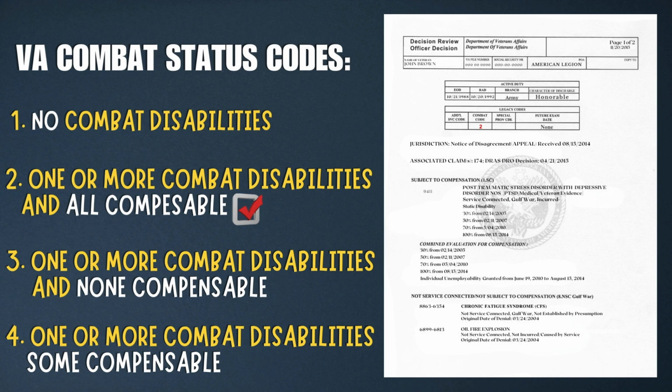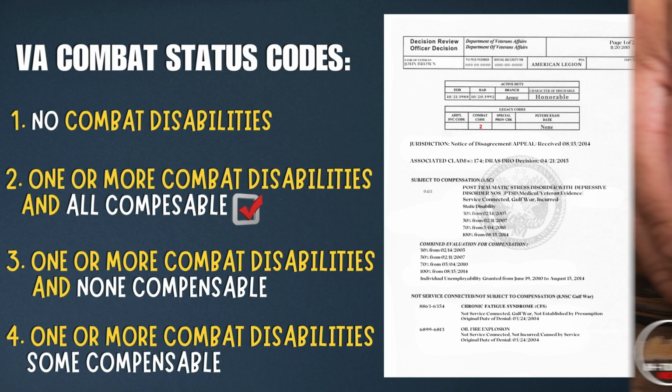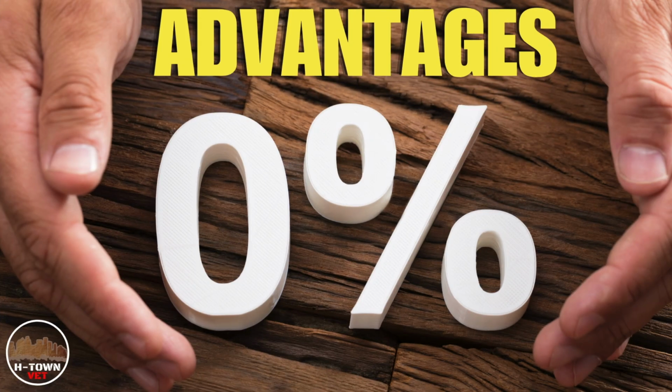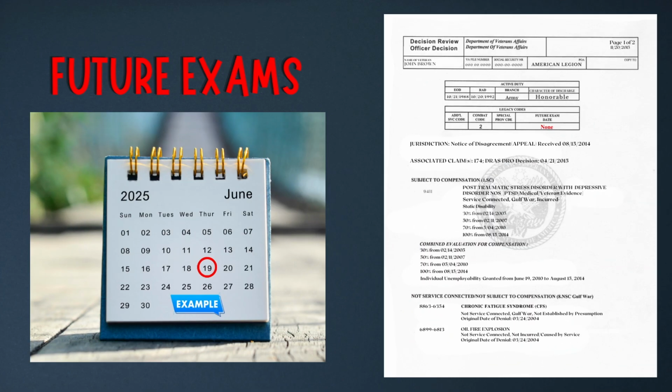You need to understand that non-compensatable means that you're service-connected, they're just not paying you for it. For more information on non-compensatable disabilities that are combat-related and non-combat-related, watch our video, The Advantages of a 0% Rating.